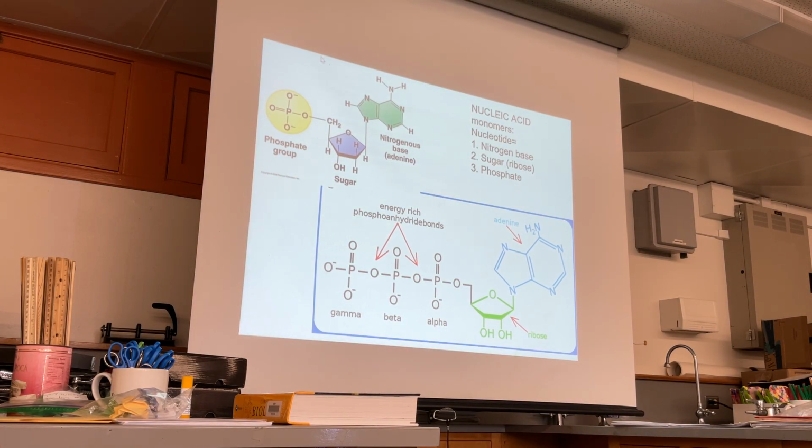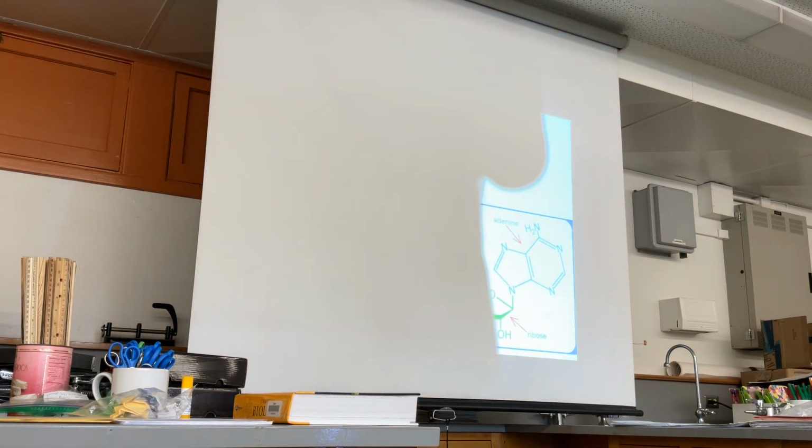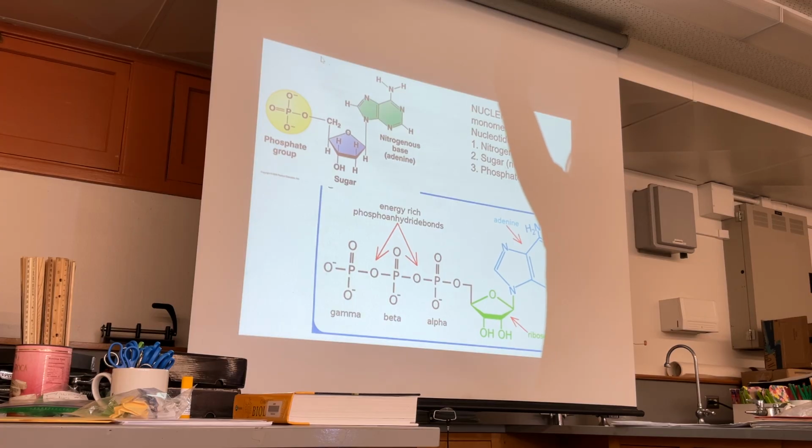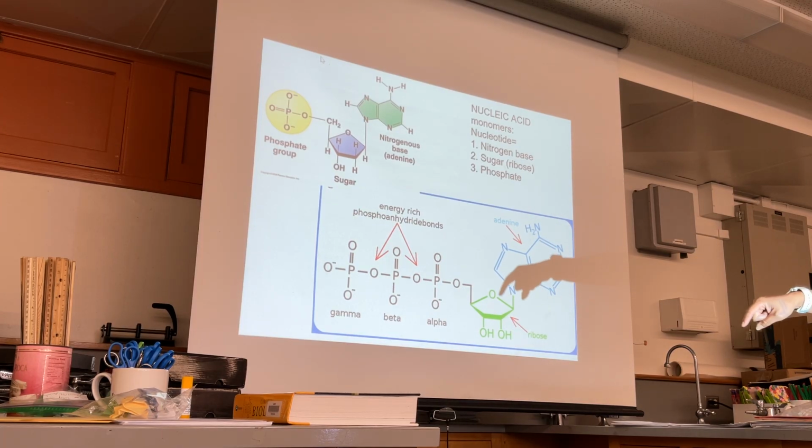So this molecule is DNA. Do you guys see red? What does that red represent? Oxygen, right? The black is carbon. Can you see a ring? What do you think that 5-sided ring is? That's the ribose sugar, right?